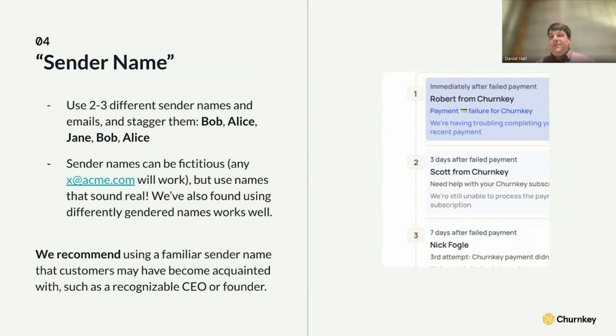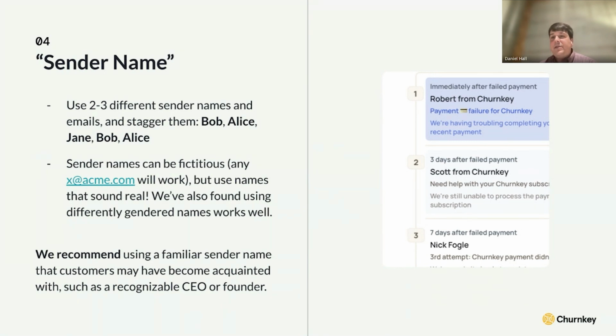Finally, a couple of things just as far as the psychology of a customer looking at your emails. You can update the sender name, and we typically suggest utilizing 2 to 3 different sender names, just depending on the nature of your business, to call the customer's attention to that name, to making sure that they can see, oh, this is a real person reaching out to me. And you don't even have to use real names within your company.